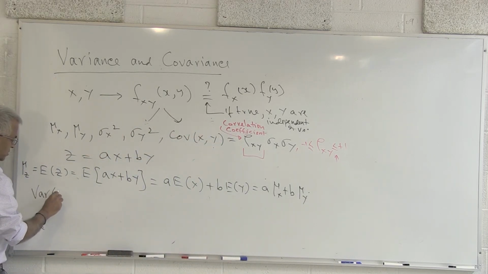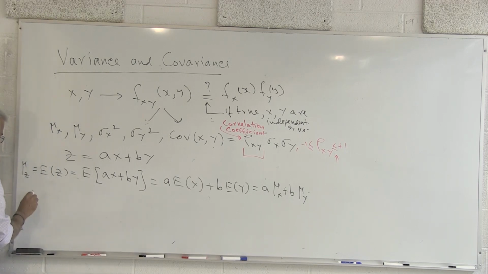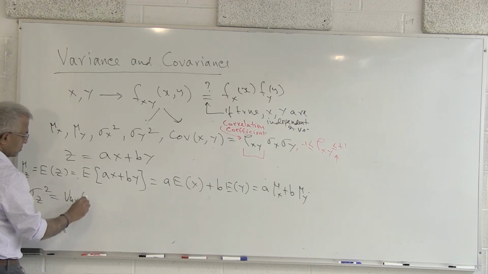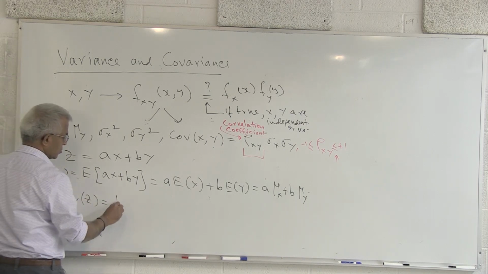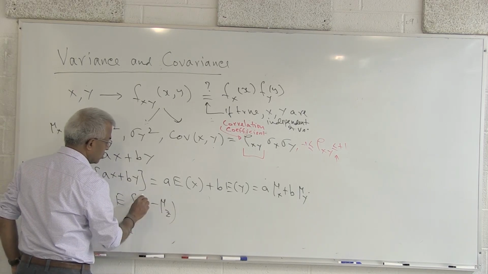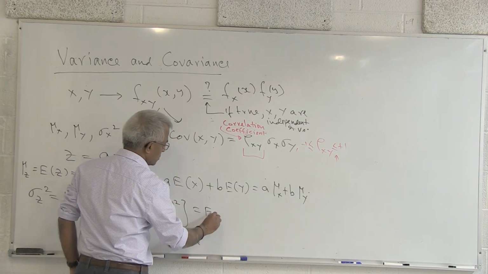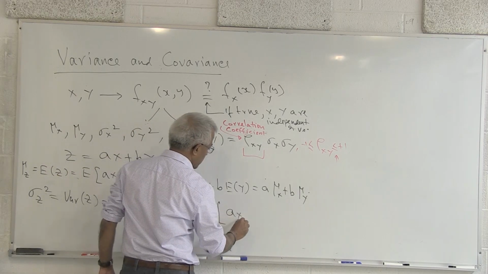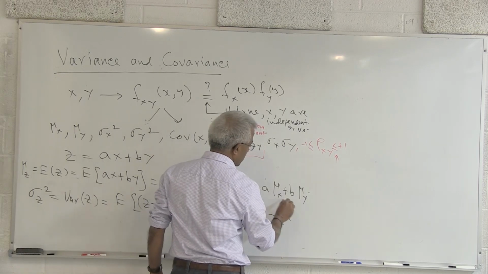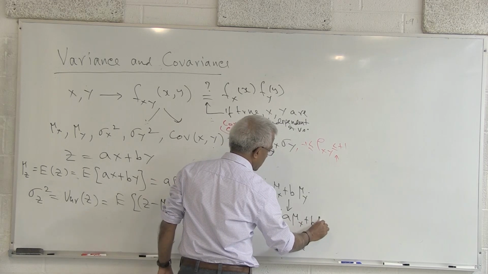So the variance of Z, let's say sigma z squared, is going to be the expected value of Z minus mu z, the whole squared. But let's substitute for Z. Z is given to be aX + bY minus the mean, which is already here, a mu x plus b mu y.